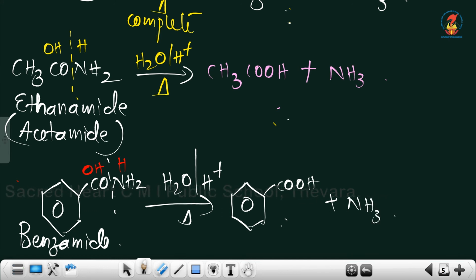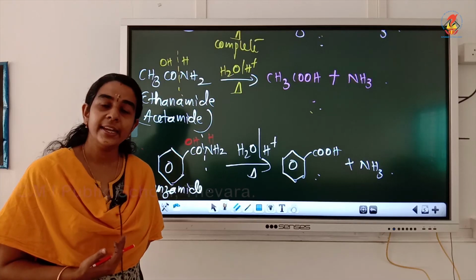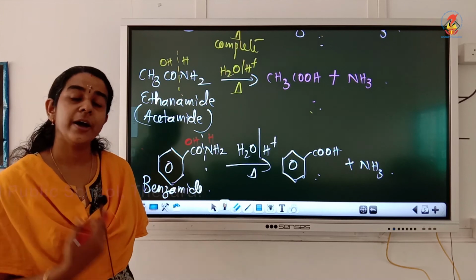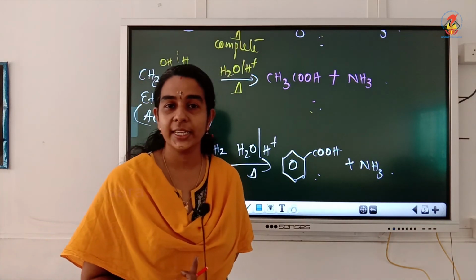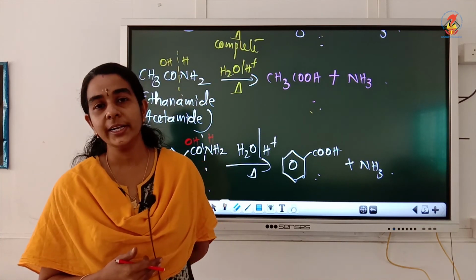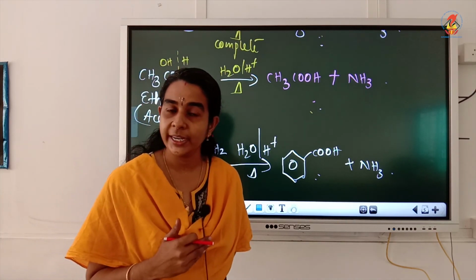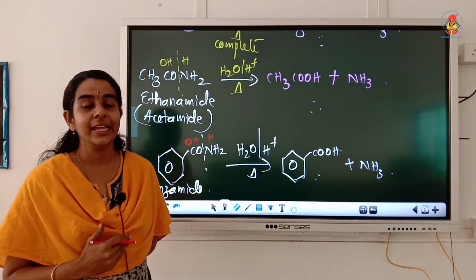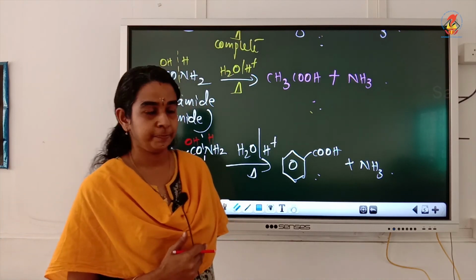So this is about the hydrolysis of cyanides and amides. Remember, there is partial and complete hydrolysis of cyanides, but there is only one hydrolysis for amides, and heating is always necessary in order to release ammonia.